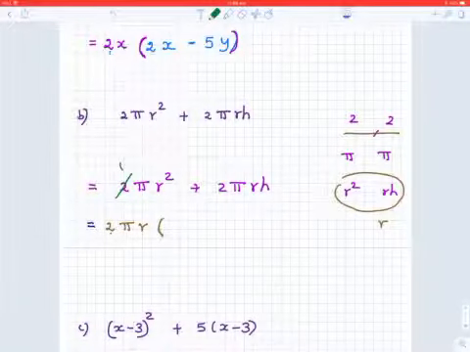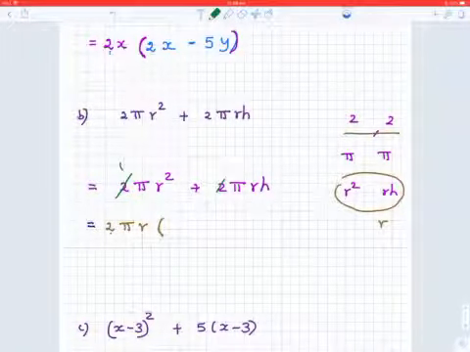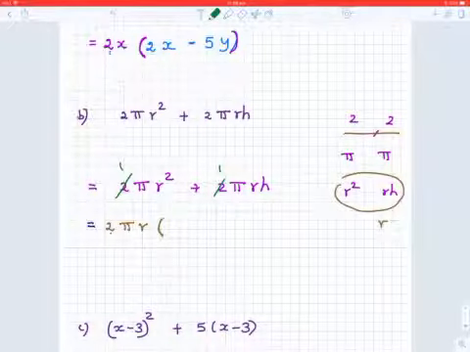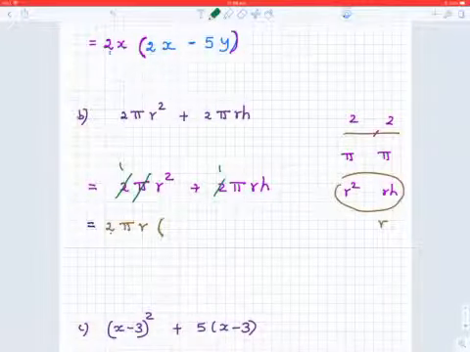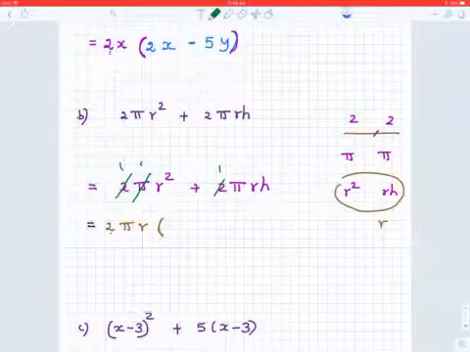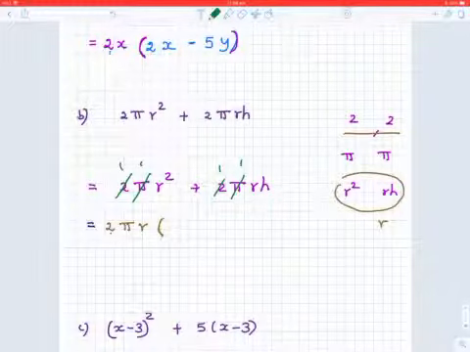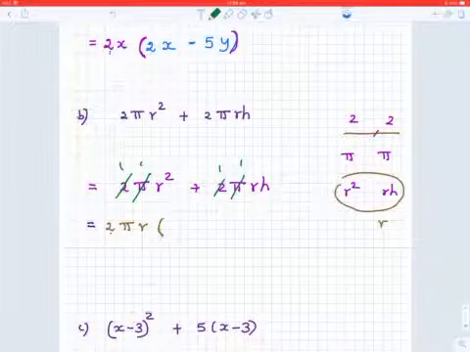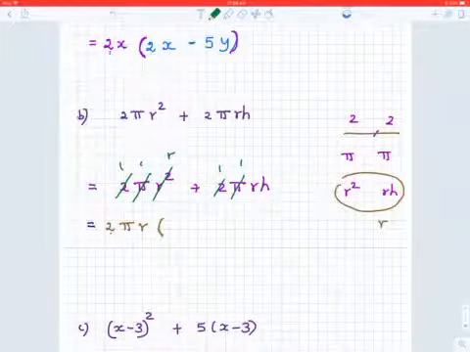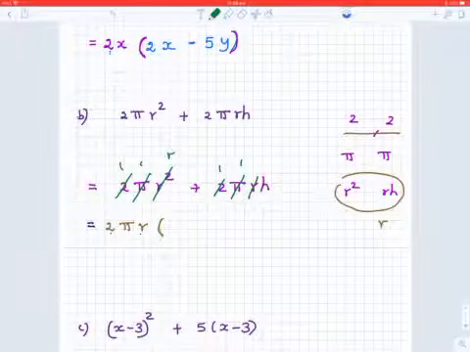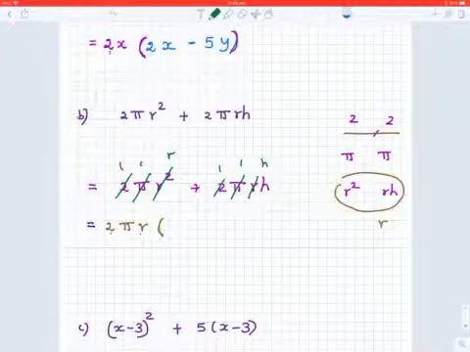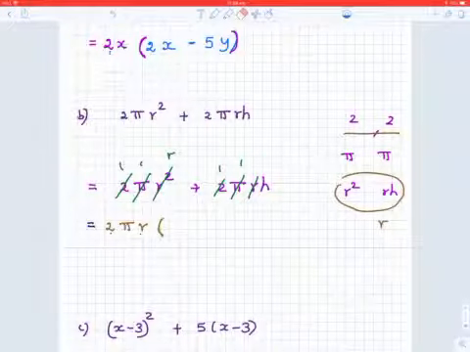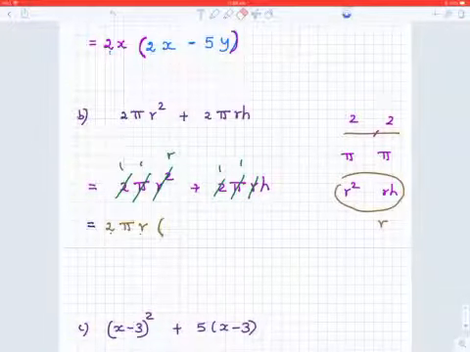Now I'm just going to consider this. 2 goes into 2 once. 2 goes into 2 once. Then pi goes into pi once. Then r goes into r squared, just r. r goes into r, leaving h. That means I can just cross r, leaving h.